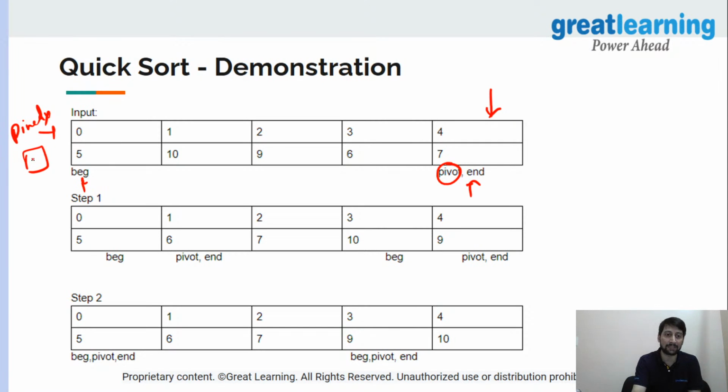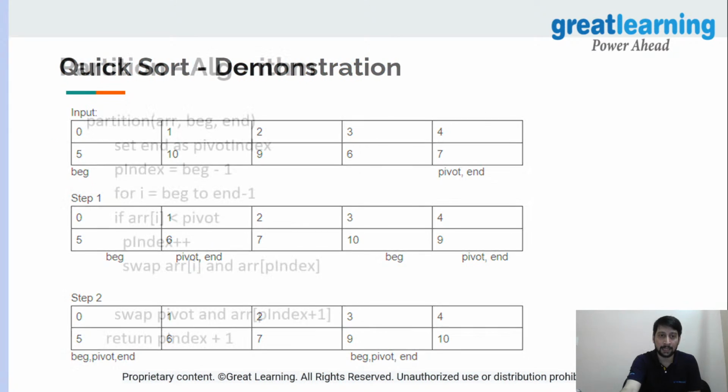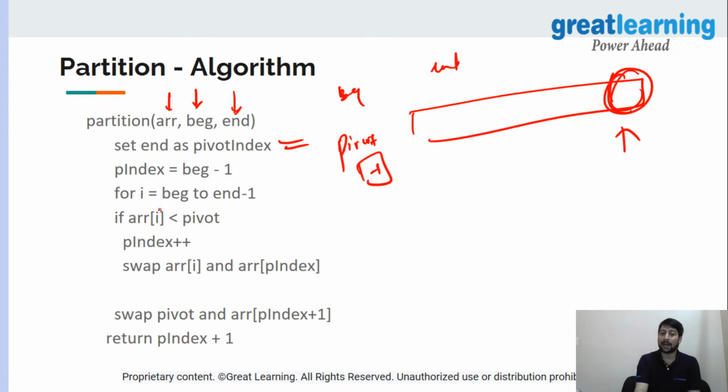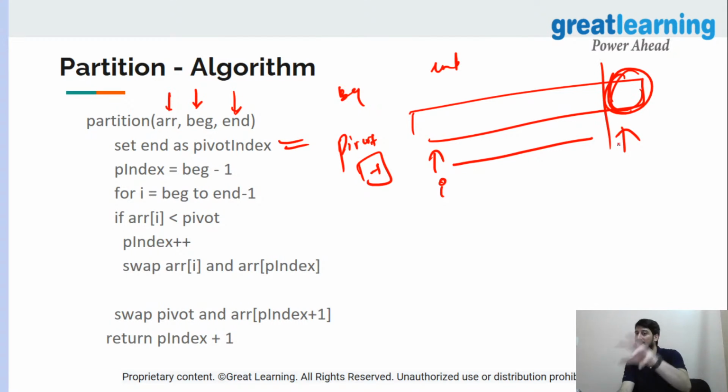That is the whole objective. You have this pivot index at -1. Now you will iterate from beginning to end -1. Why end -1? Because our last element is our pivot, and we will not take that because that is the element with which we will compare. So that is why end minus 1, not the last element. Okay, done.